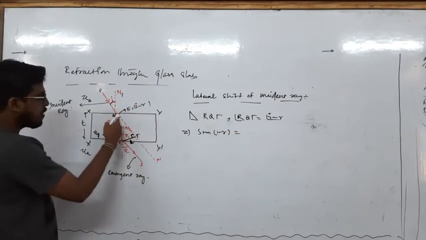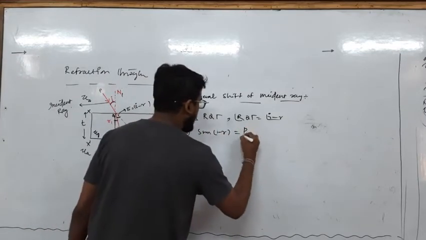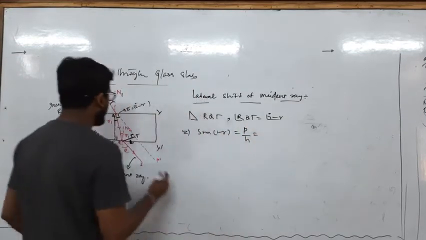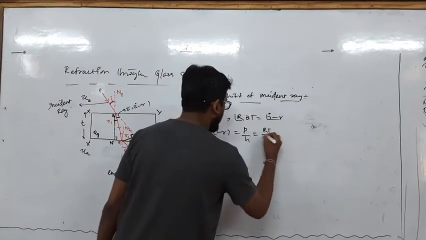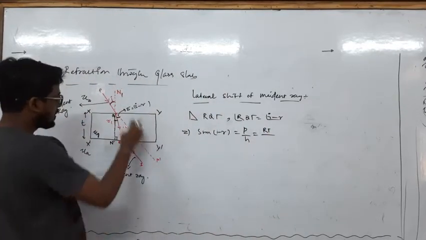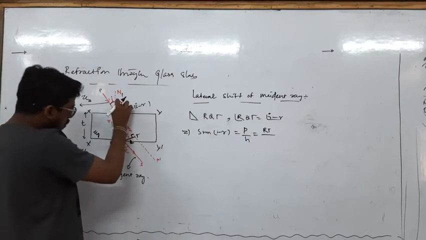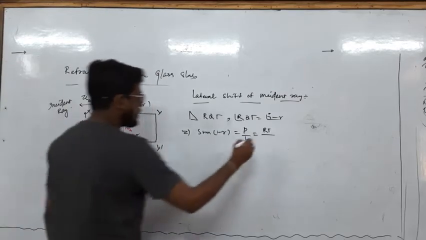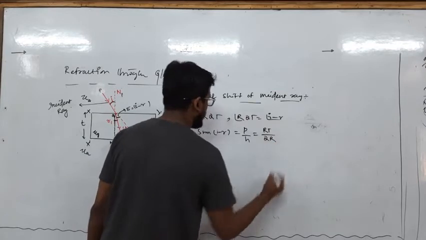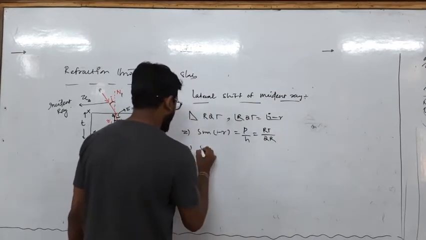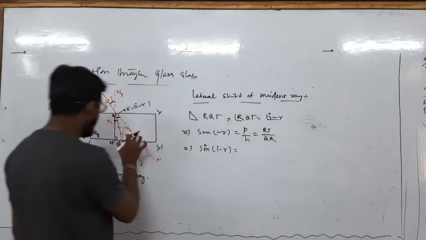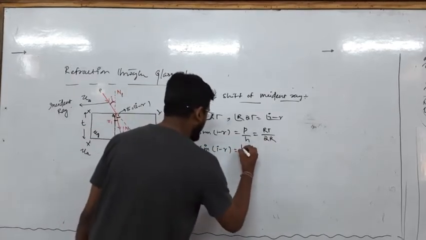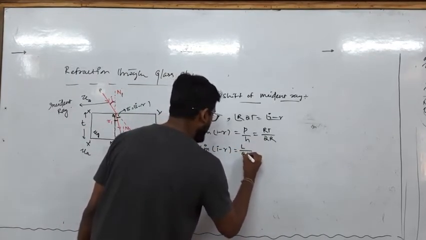So this implies sin(I minus R) will be equal to P by H in the right angle triangle, where P is RT and H is QR. So I can write sin(I minus R) equals RT, which is the lateral shift L, divided by QR.